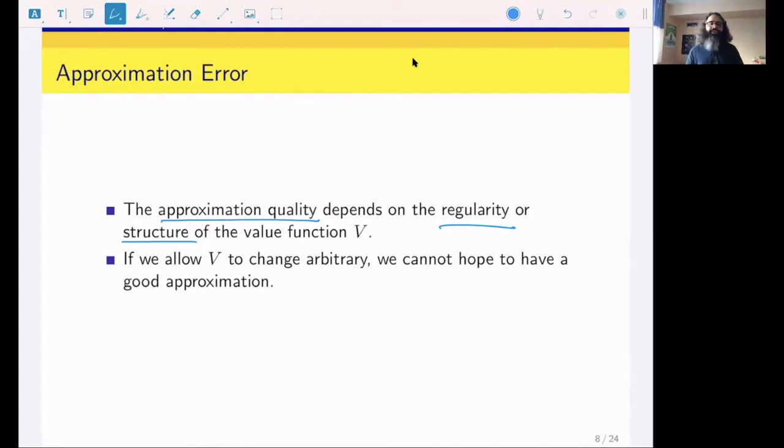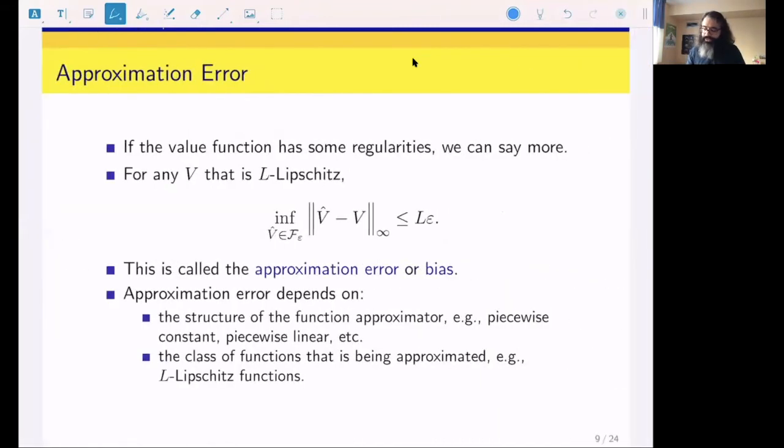If we add more structure, say it's 5 times continuously differentiable, the function is going to be easier to approximate. So in general, if a function has some form of regularity, and regularity here, for example, can be smoothness, but it can be other things. I use regularity in a non-precise, very general way.